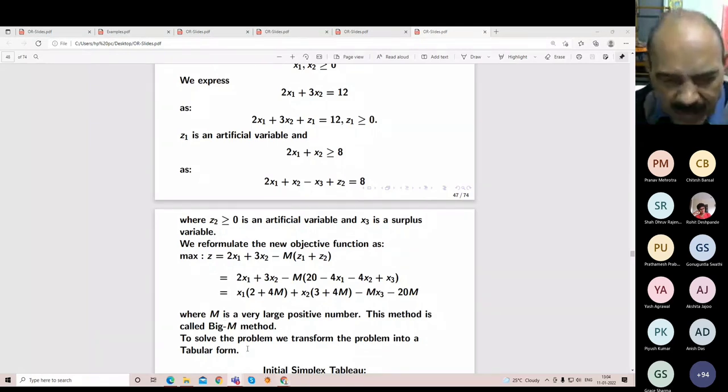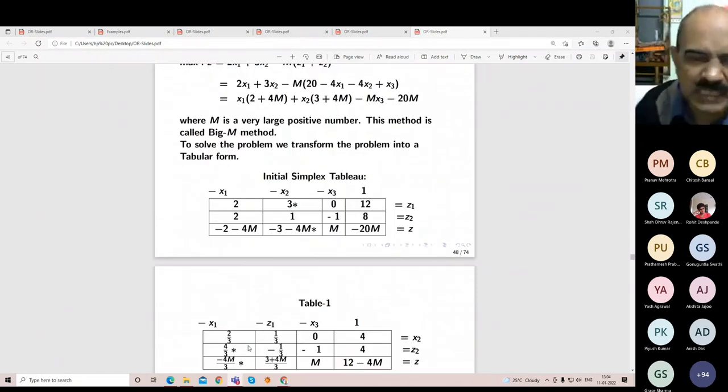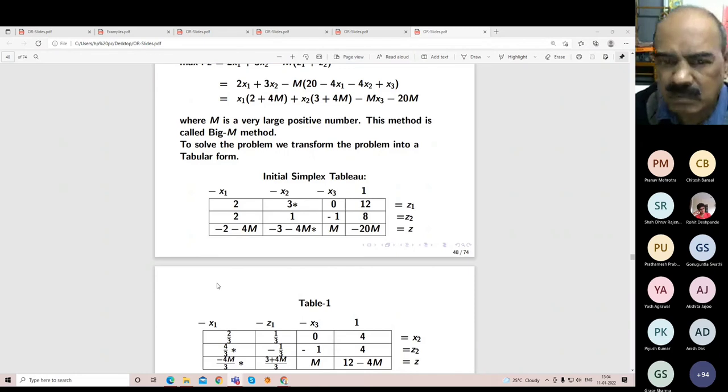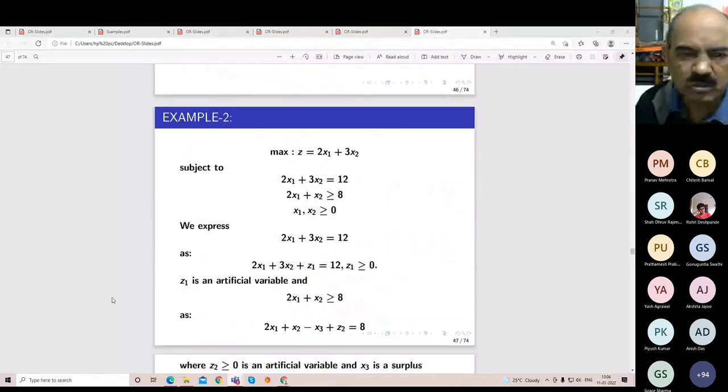Now, whatever we have written, we want to make a table. How many variables are in this problem? There are 2 variables originally.